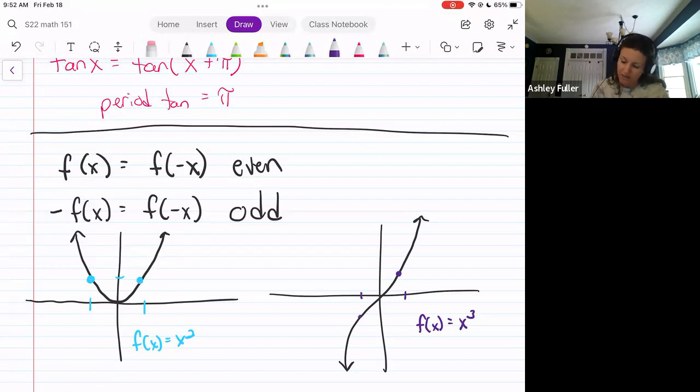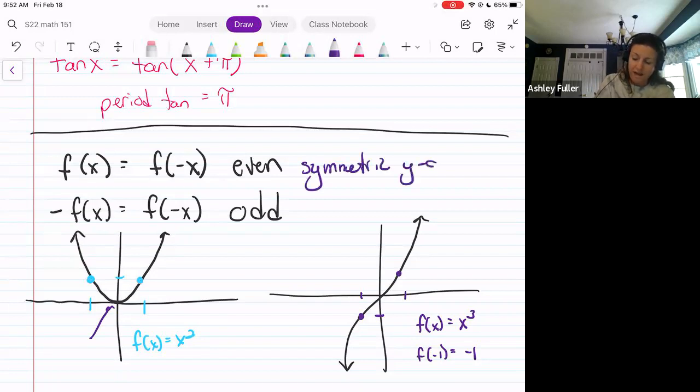When I plug in negative 1, I get negative 1, which is the negative of the original f of x. Notice here that even functions are symmetric to the y-axis, and odd functions are symmetric to the origin.